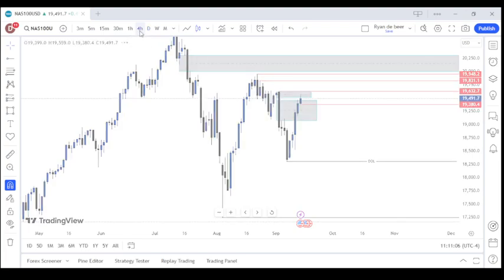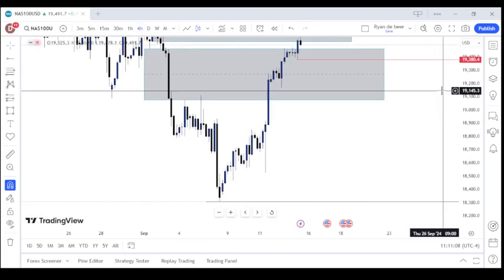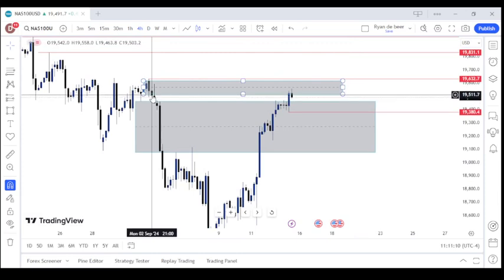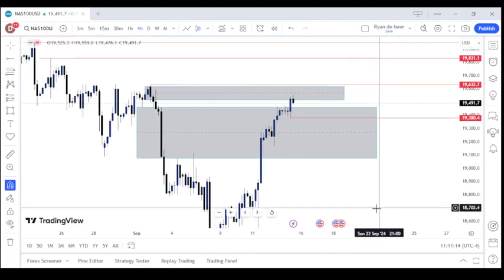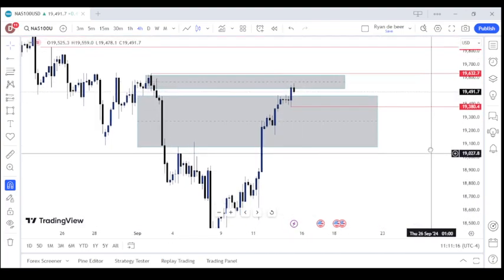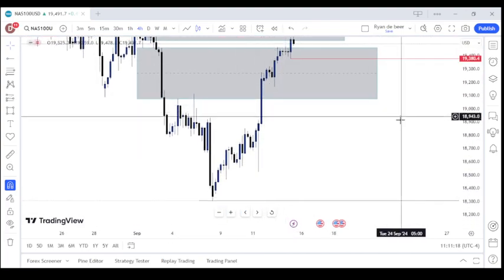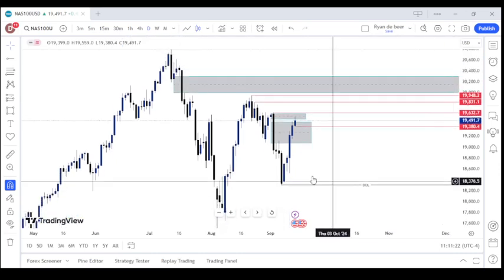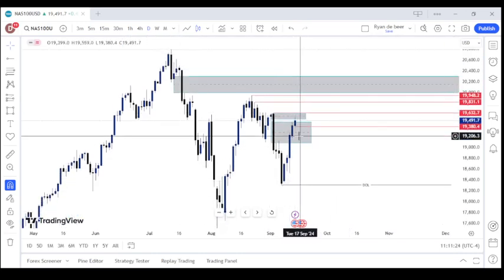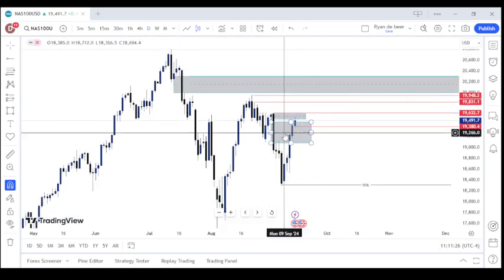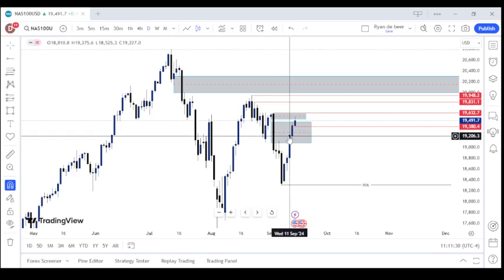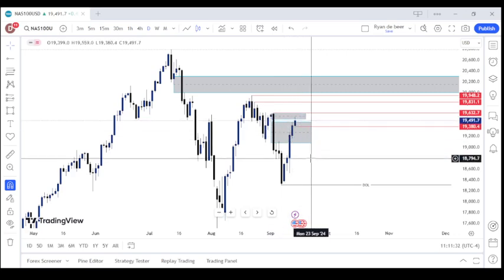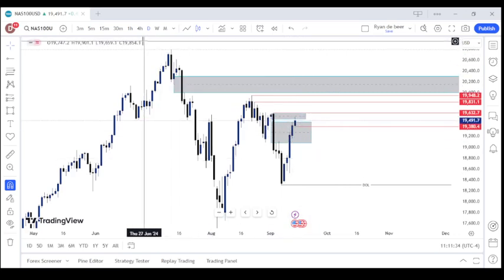So like I said, if we do end up invalidating this 4 hourly bearish fair value gap, I would like to see price go higher. As you can see, we are bearish on the 4 hourly currently. So if we broke structure to the upside on the 4 hourly, confirming this retracement on the daily time frame, and we also invalidated this fair value gap over here on the daily time frame by closing above it with last week Friday's candle close.